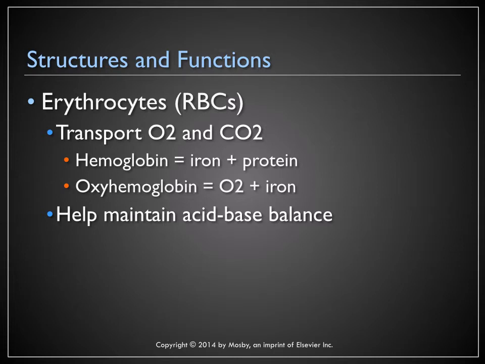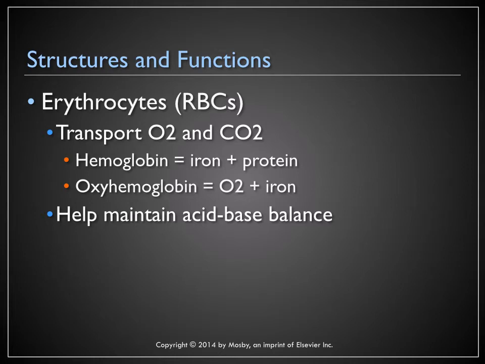Oxyhemoglobin, as we know, is responsible for giving arterial blood its bright red appearance. As RBCs flow to body tissues, oxygen detaches from the hemoglobin and diffuses from the capillary into tissue cells.